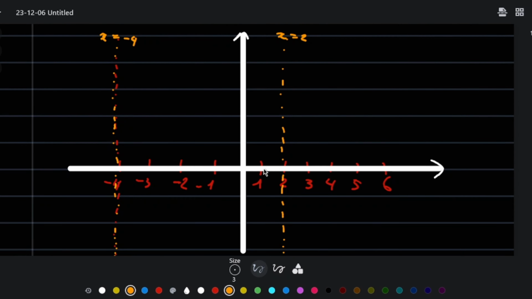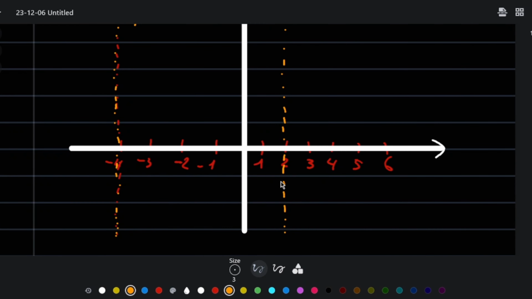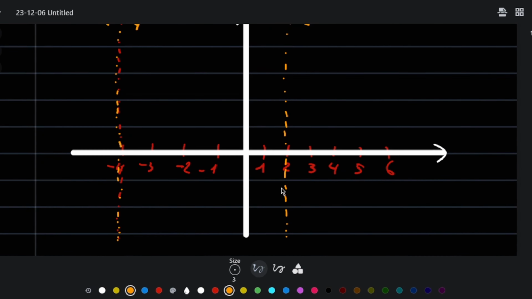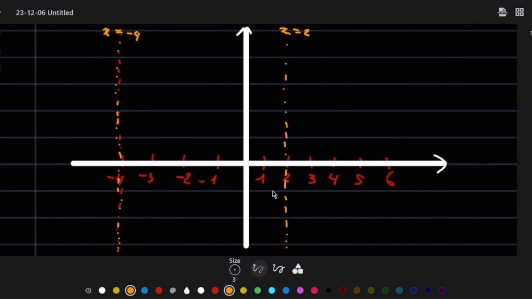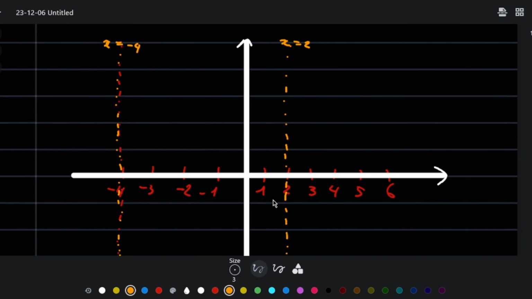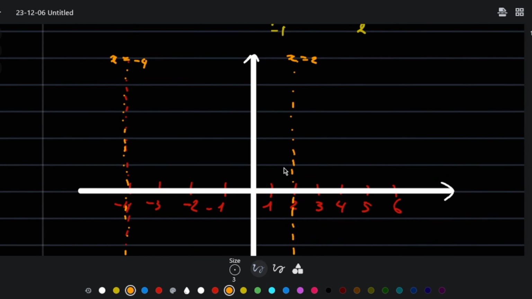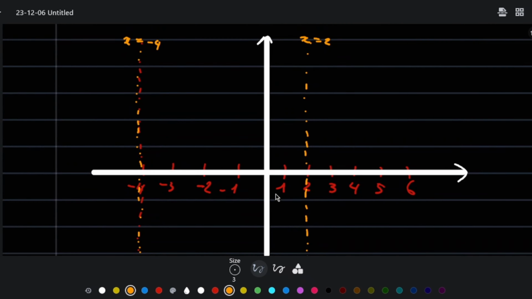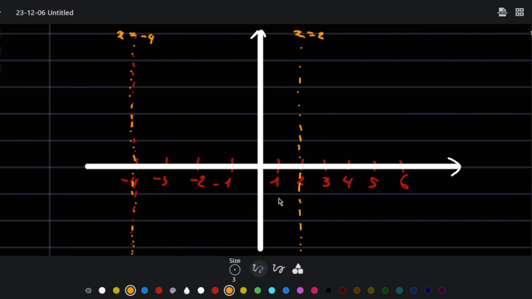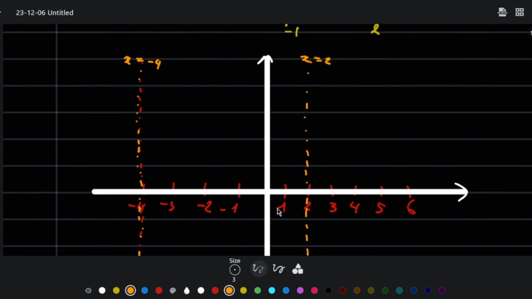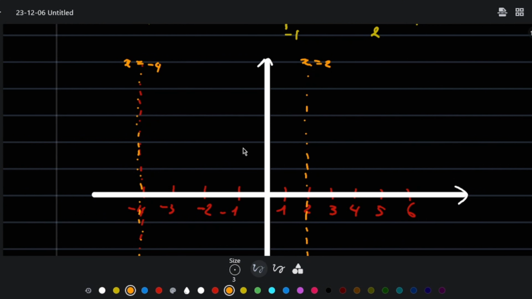There is also an oblique asymptote, which is something more advanced. You need to do more calculation to see if there is an oblique asymptote. But if you want to see that, maybe say it in the comments if you are watching this video. But I will just do the simple case, which is horizontal and vertical asymptotes.